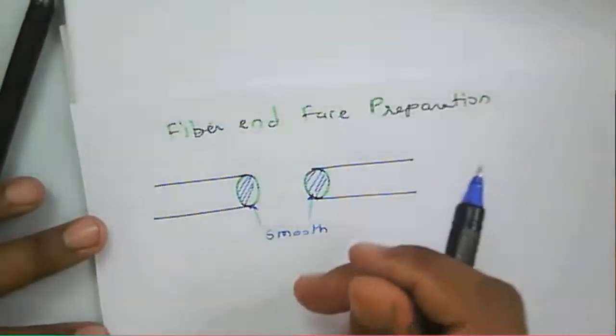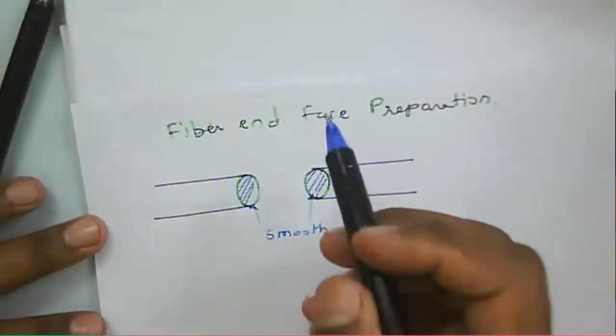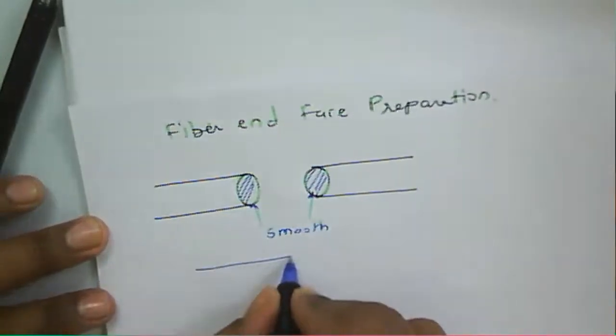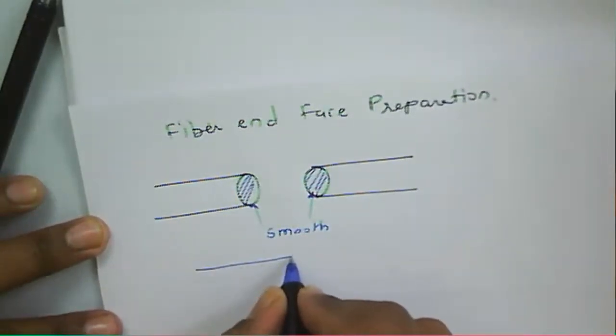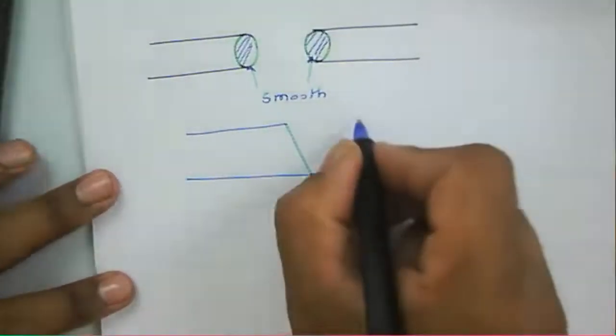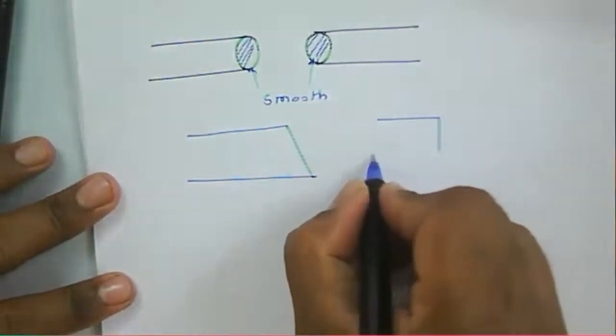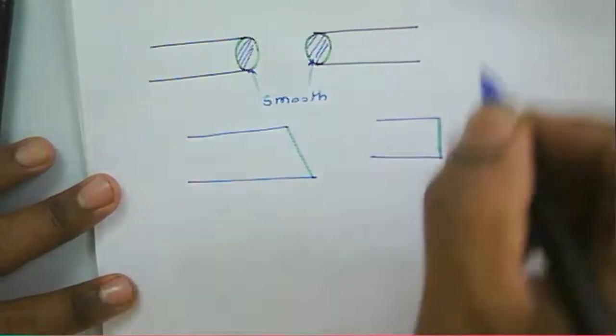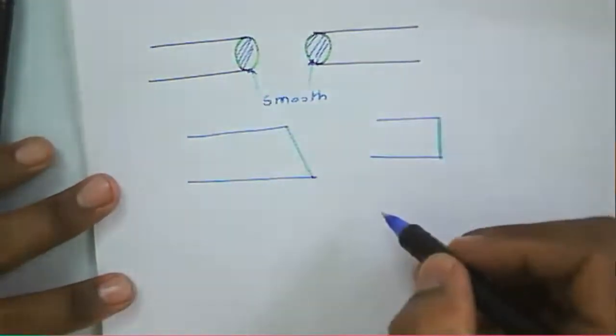If the face is not smooth, if it is rough, or while cutting the fiber, we expect it to be cut vertically, but there is a small portion cut here.